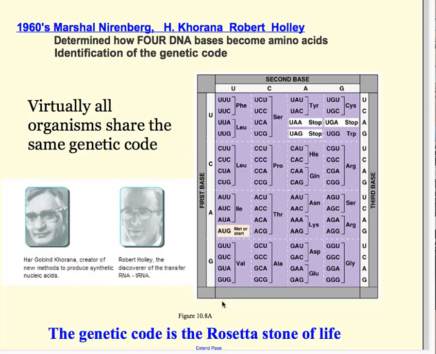So this genetic code is really the Rosetta Stone of life. And this genetic code is universal, whether you are a bacteria, a virus, or even as complicated as a human, which we like to think we are, we all use that same genetic code. If there is another genetic code on Earth, it doesn't work anymore, or we have not discovered any living organism yet that does not use this code. We talked about that in class.